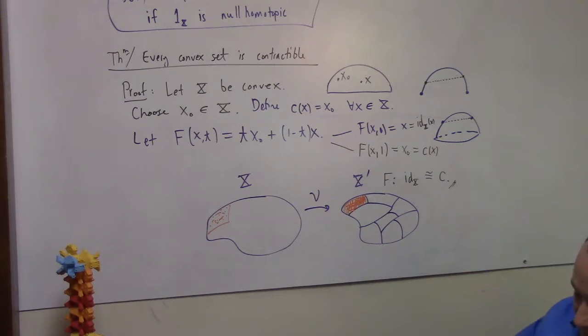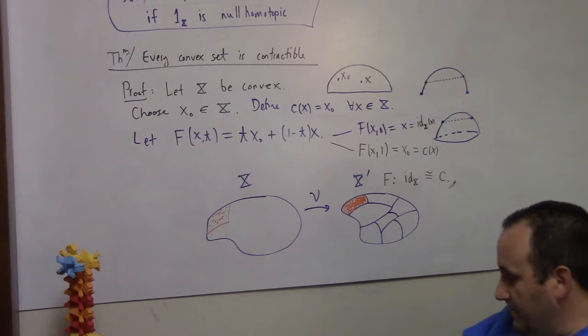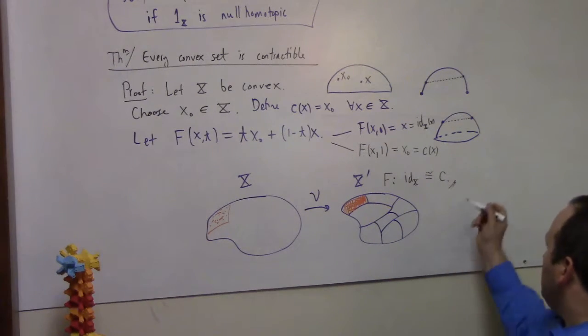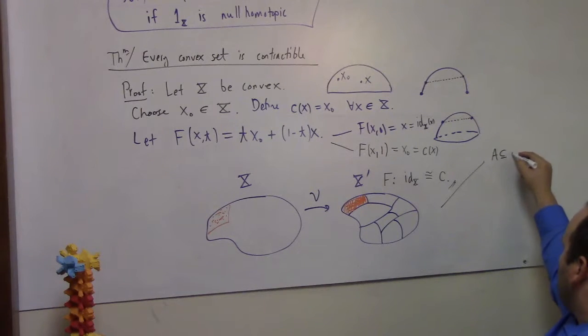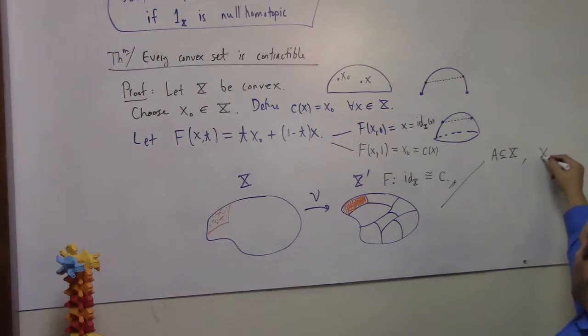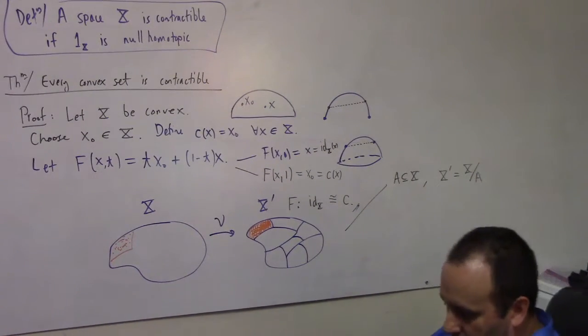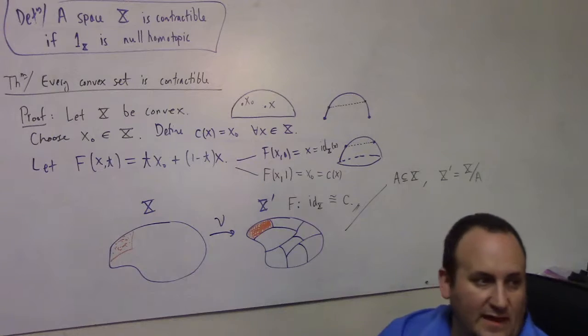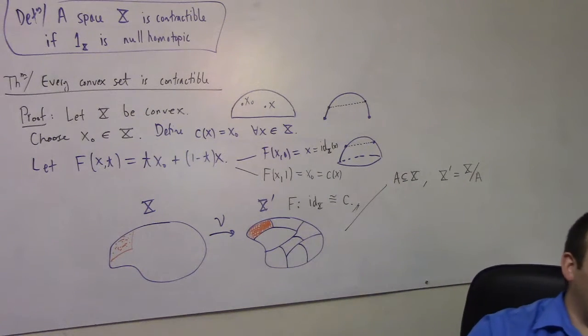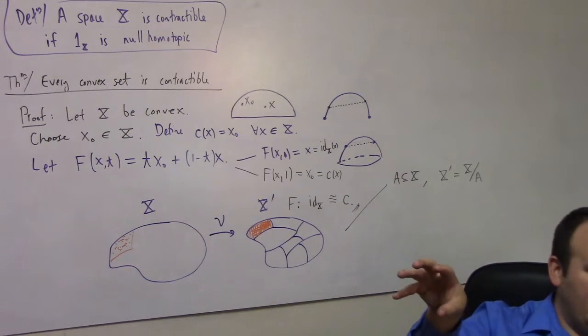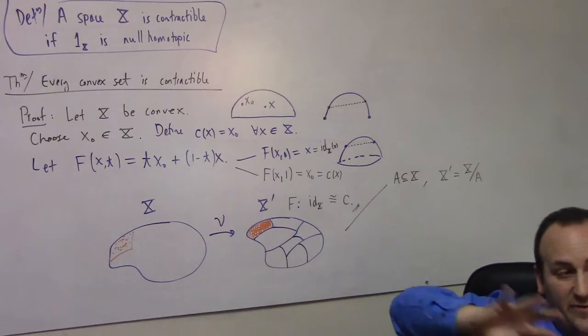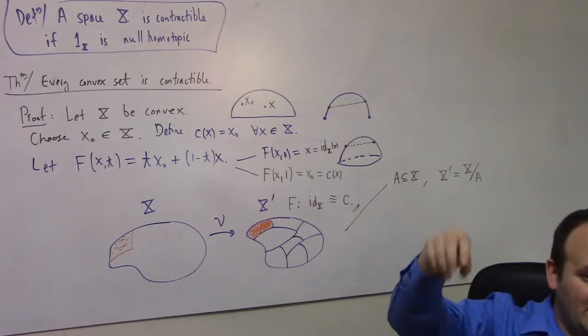He says there are two special cases we wish to mention. First of all, if A is a subset of X, then for X prime we usually write X mod A. And the partition done for that is you take A, that's one of the things in the family of disjoint sets, and then every other point in X outside of A, you just make singletons.